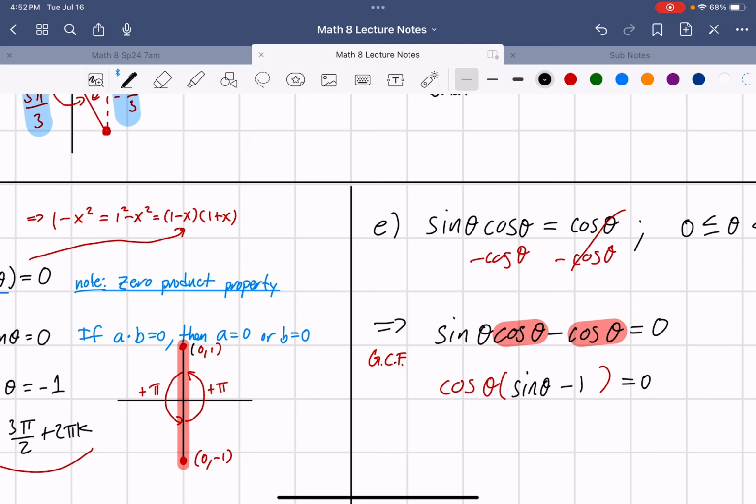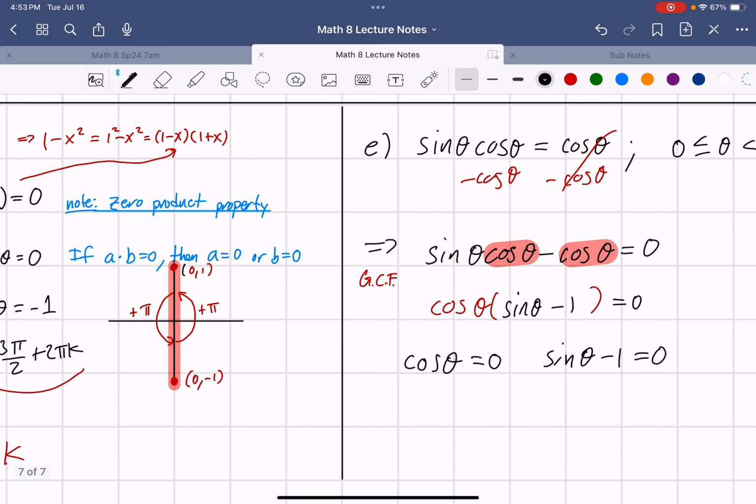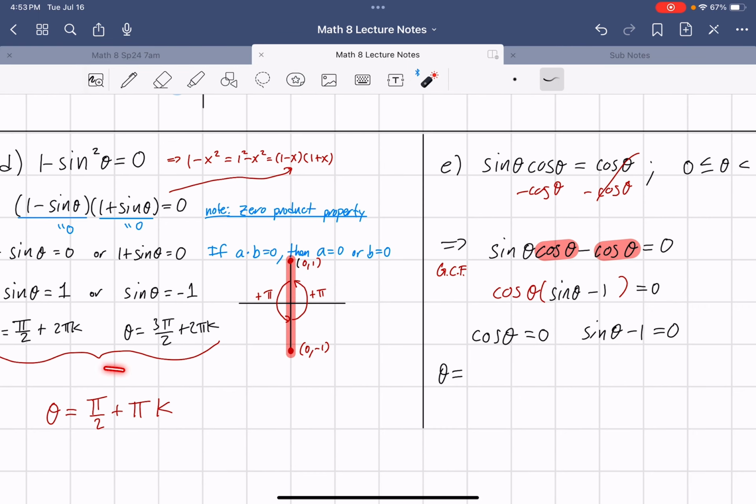And then you can take each one of these factors and set it equal to 0. Now for when cosine is equal to 0, we know that happens at pi over 2 or 3 pi over 2, which is very similar to this solution.